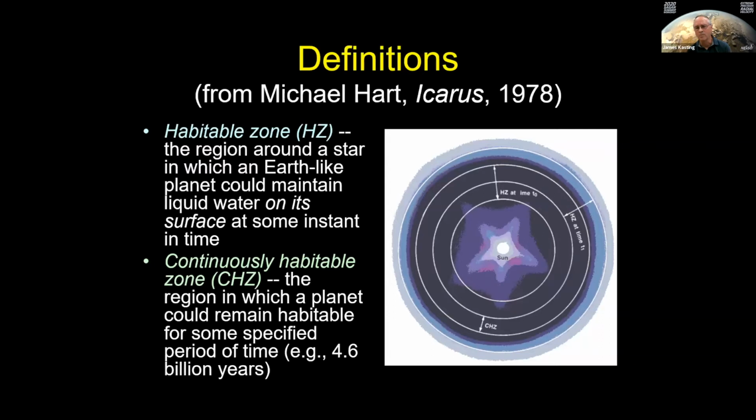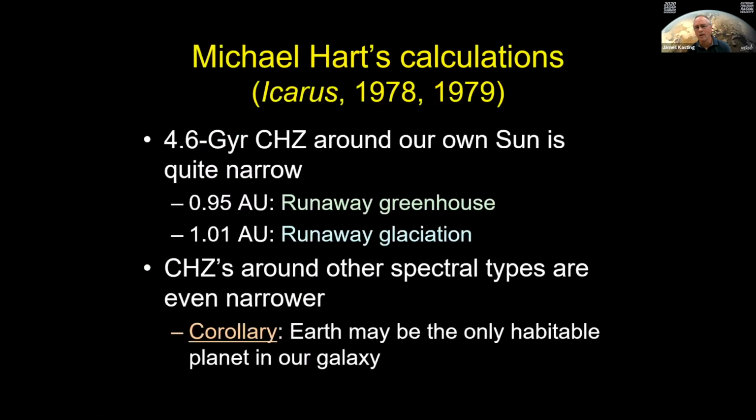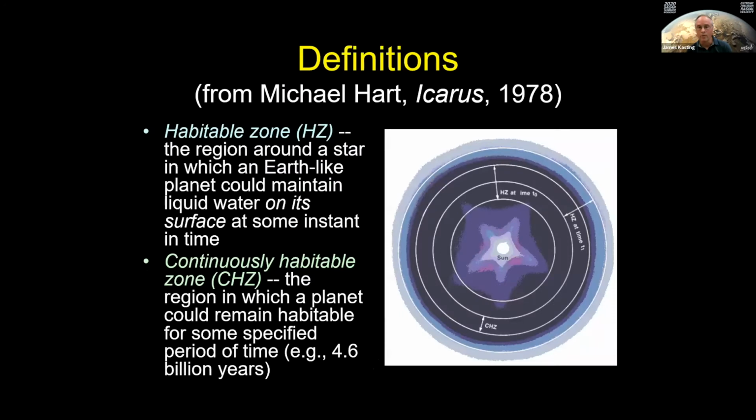Early type stars brighten faster than late type stars. If the habitable zone at some time T0 went from here to here, then at some later time when the star had brightened, it would go from here to here. The overlap between these two regions is what Hart defined as the CHZ.